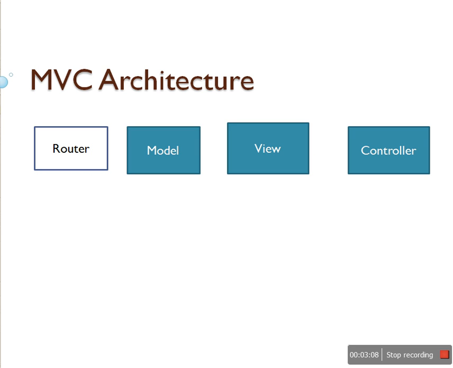Other than MVC, we have one more very important component known as routers. It is as important as any of these three. A router maps our request to a particular controller. We'll see it in practice so that it gets much clearer.